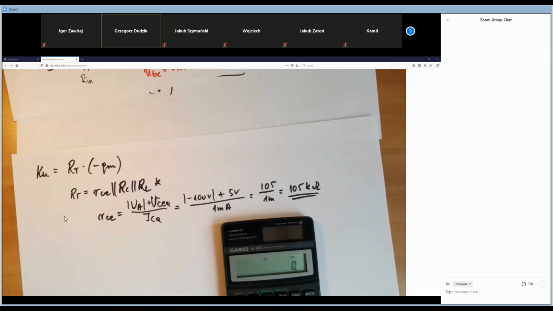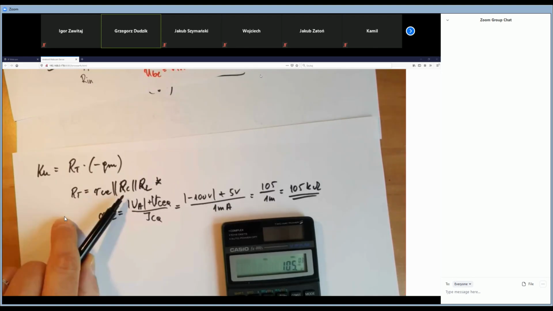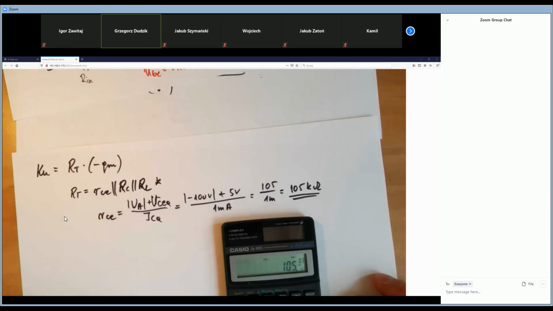This is 105 kilos times RC. RC is 6.8 kilos.